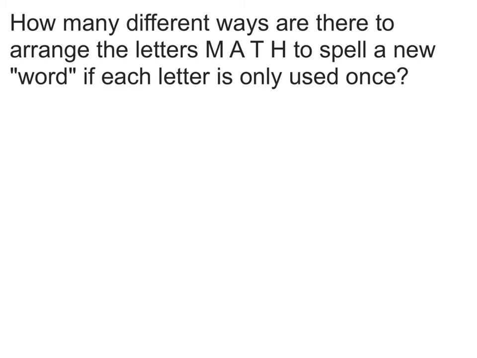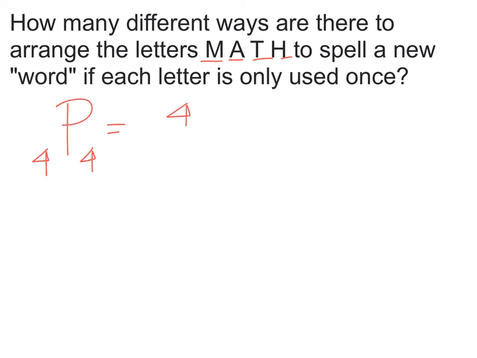Last example. How many different ways are there to arrange the letters M-A-T-H to spell a new quote-unquote word if each letter is used only once? So there are 2 ways that we can approach this. The first, I'm actually going to use a permutation because the order does matter when I spell out this word. So what I can do is I can set this up with my P, and I have 4 to pick from, and because I'm going to be using all 4 letters, I'm going to do that.